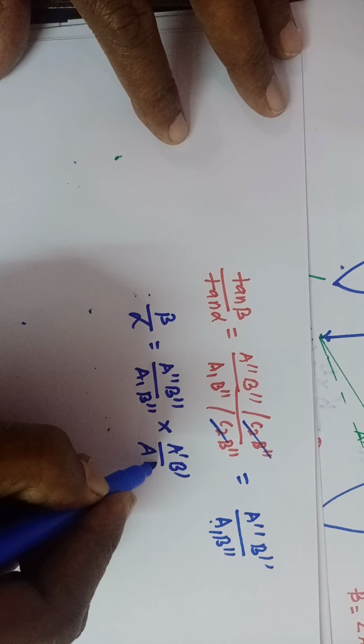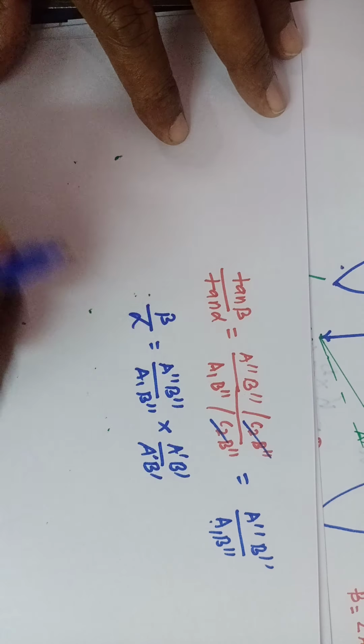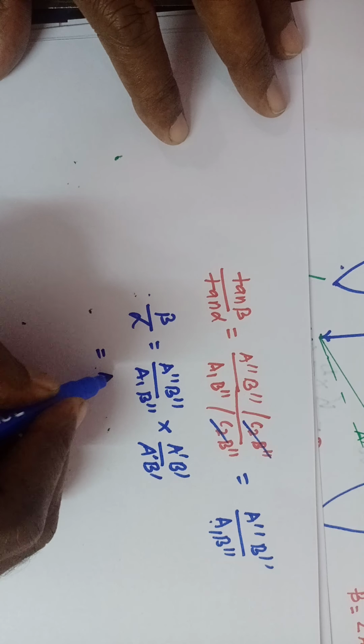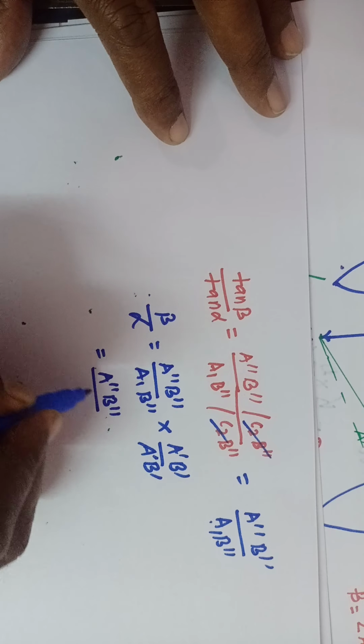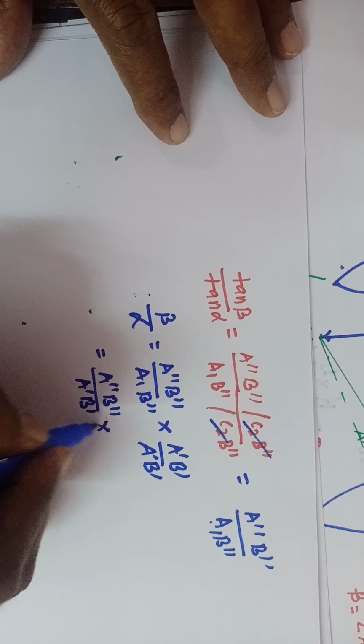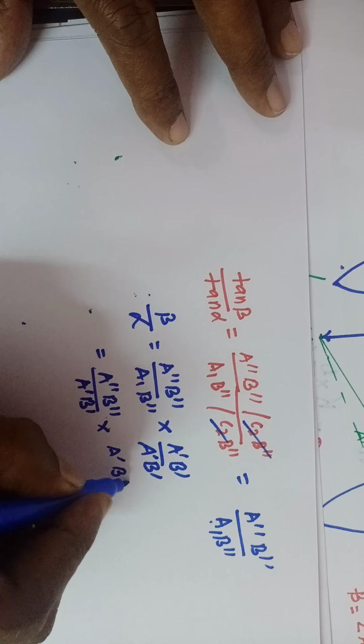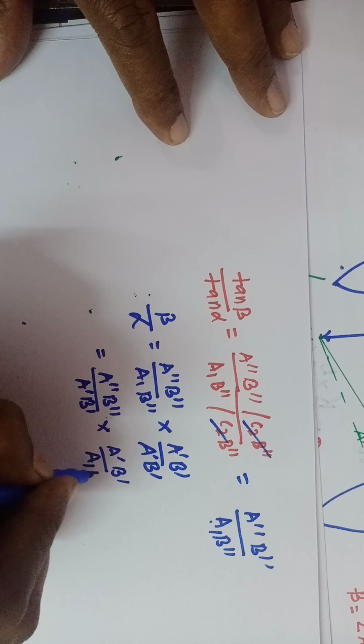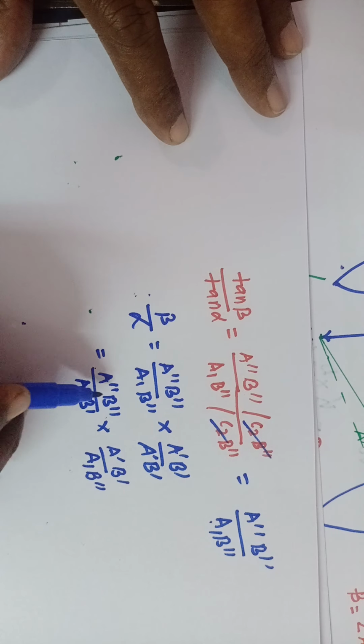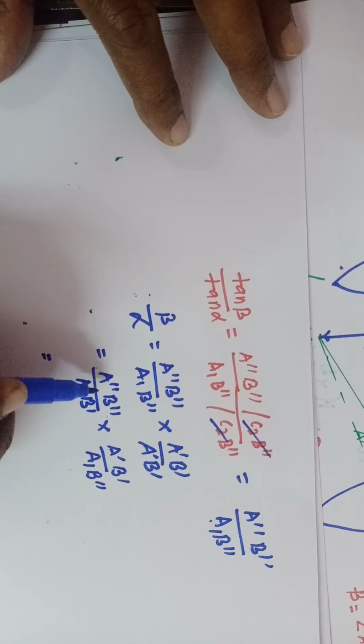It will become A double dash B double dash upon A dash B dash into A dash B dash upon A1 B double dash.